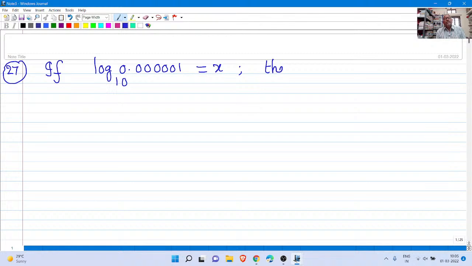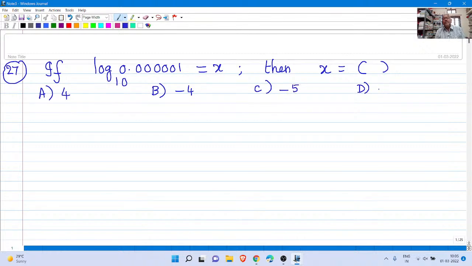Then x equals to. Option A is 4, option B is -4, C is -5.